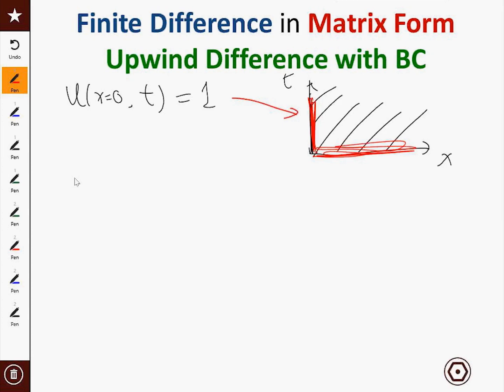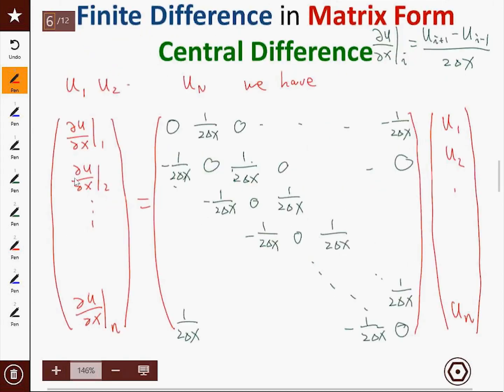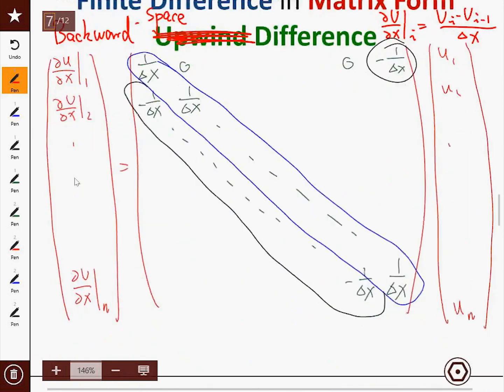All right. In that case, how do we deal with that? How do we encode that boundary condition into the matrix form of finite difference?